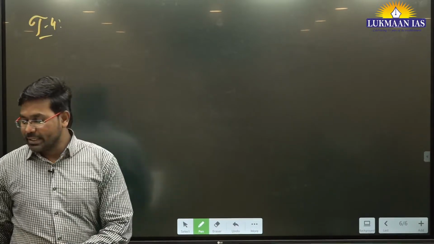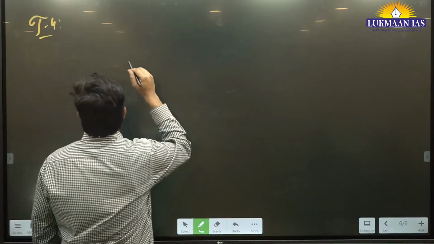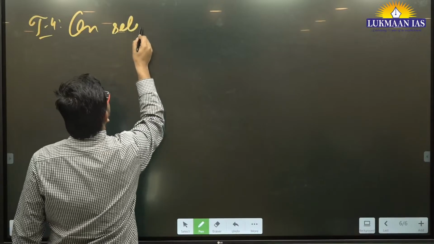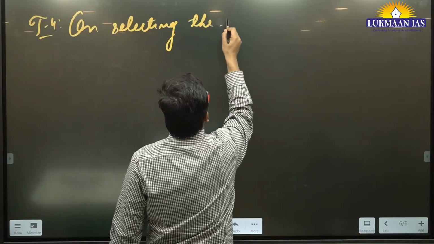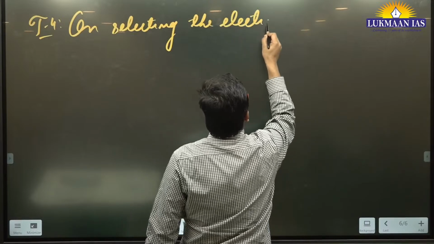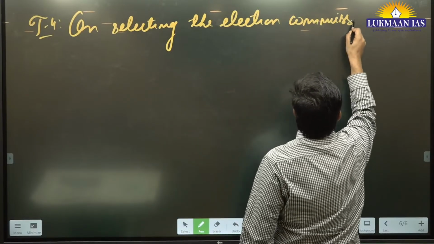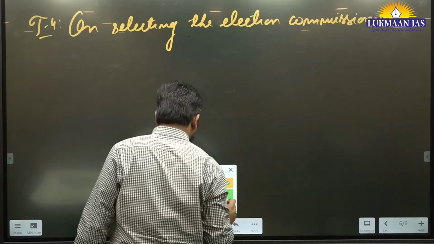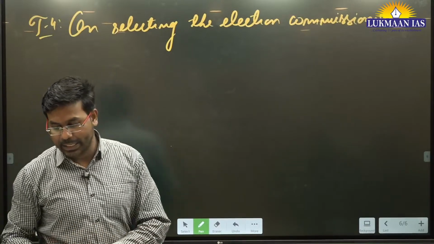The name of this article is On Selecting the Election Commissioners, okay. We are going to understand this.